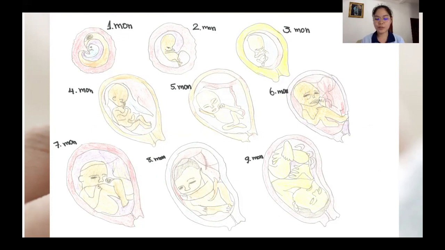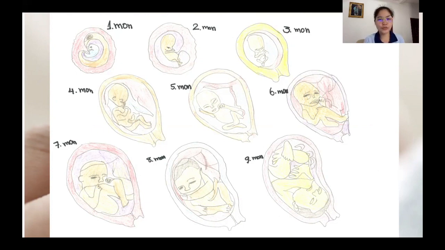By the end of the 4th week, the tiny heart of the baby will beat around 65 times per minute. By the end of the first month, the baby should be about 1/4 inch long, and will look smaller than a grain of rice.